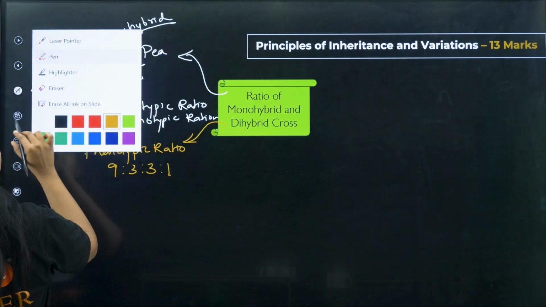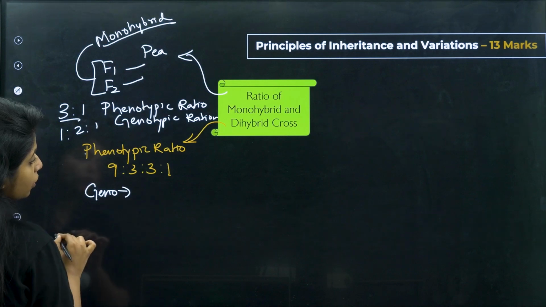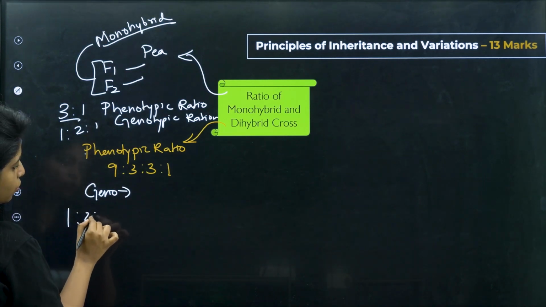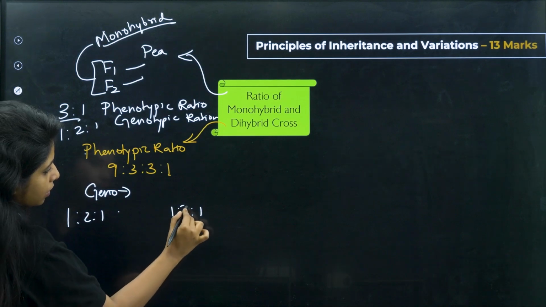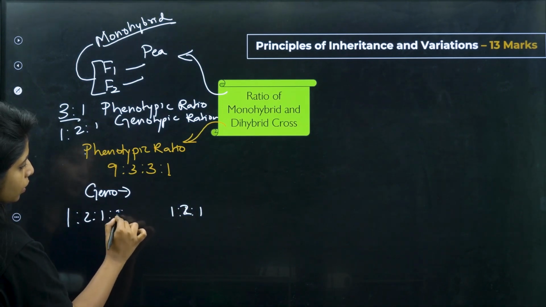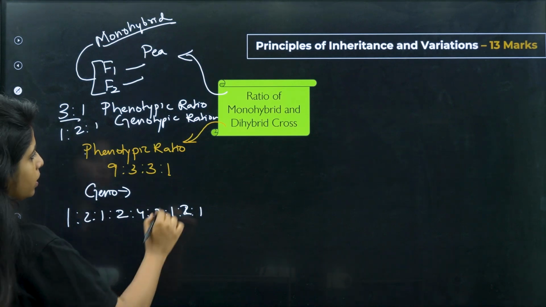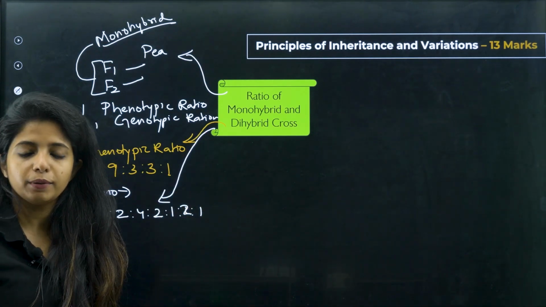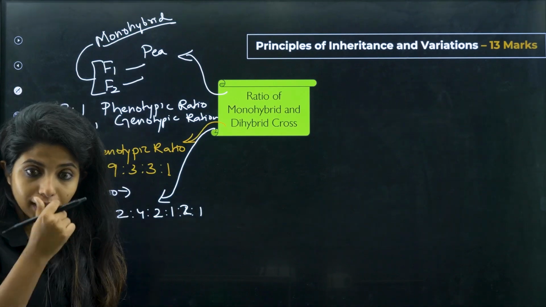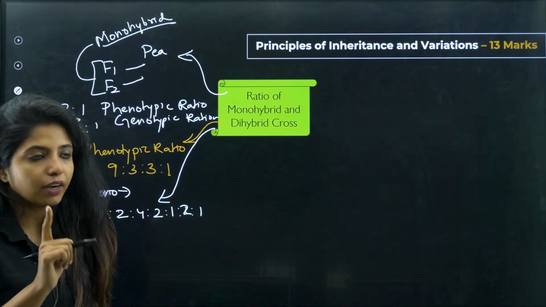If you are asked about the genotypic ratio of dihybrid cross, I'm not writing the full thing, but you can remember: write 1:2:1, then 1:2:1, and in the middle you write double of this, 2:4:2. So this is the ratio of monohybrid and dihybrid cross. Please know that, and know how to form it. Make the Punnett square and everything and try to show it.